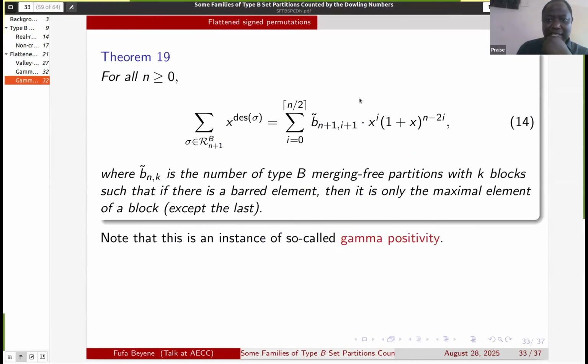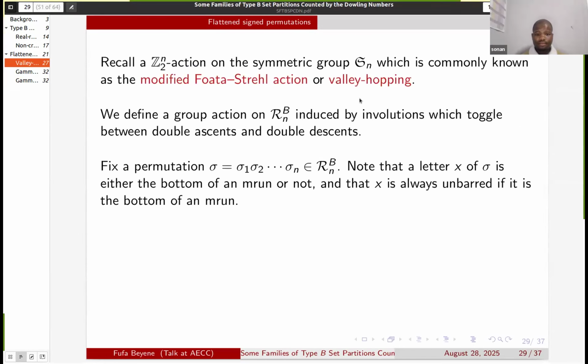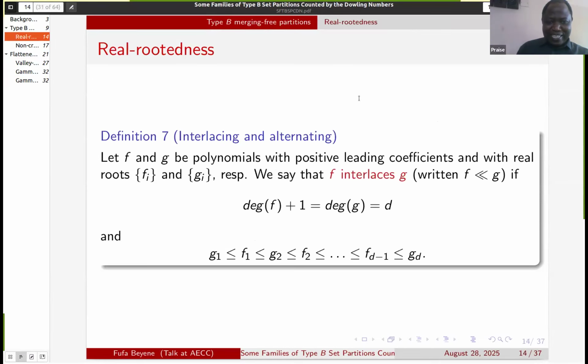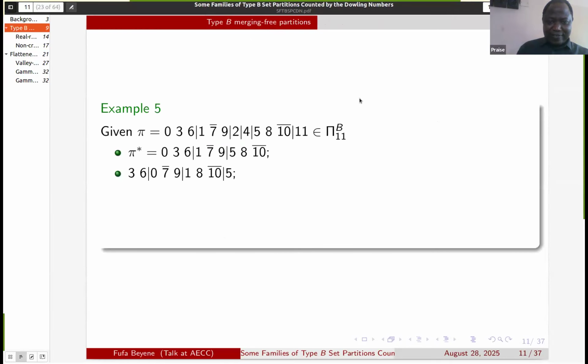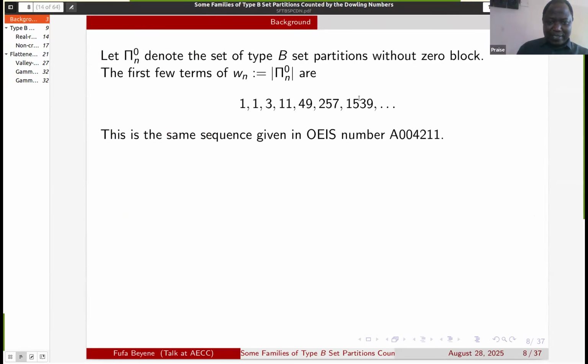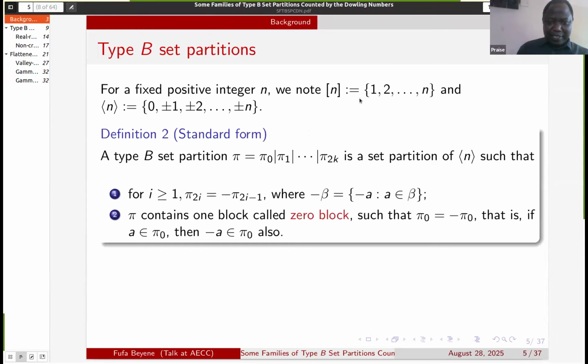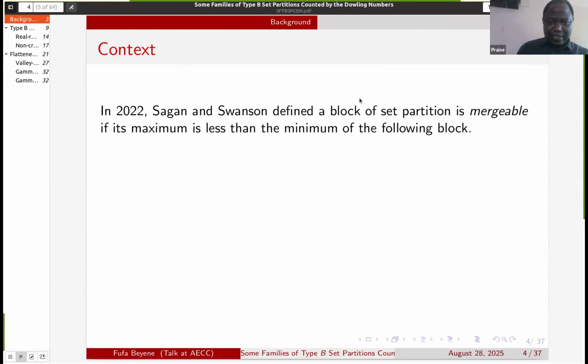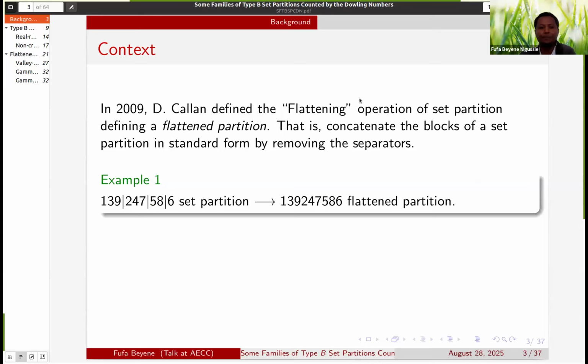Are you going there? Yes, at the beginning. Flattening partition at the beginning. This one. Yeah, the example that you gave.